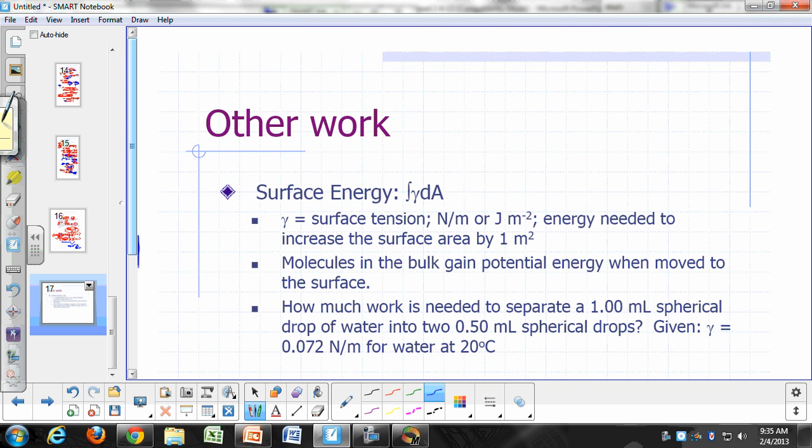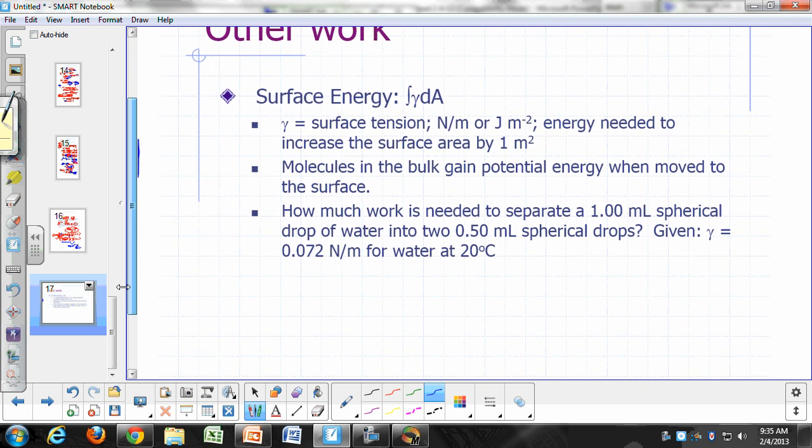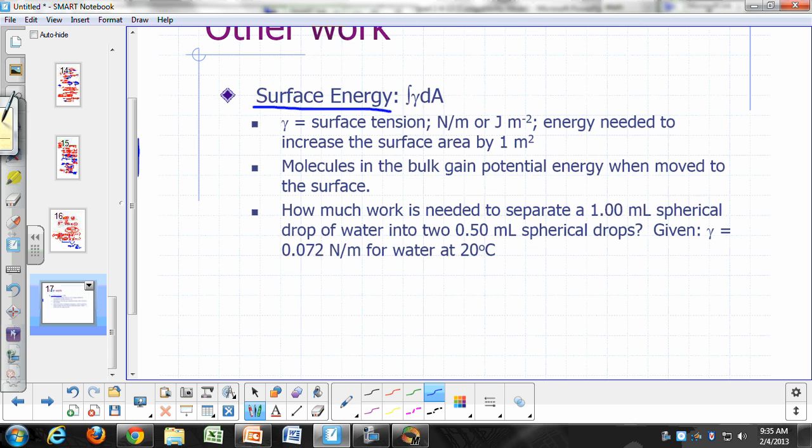And you can also have what's known as surface work, surface energy. Gamma, surface tension. The unit for that is newtons per meter. That's the energy needed to increase the surface area by 1 square meter. So the unit for that is joule per square meter. That's the work that you need to expand the surface area of your sample.